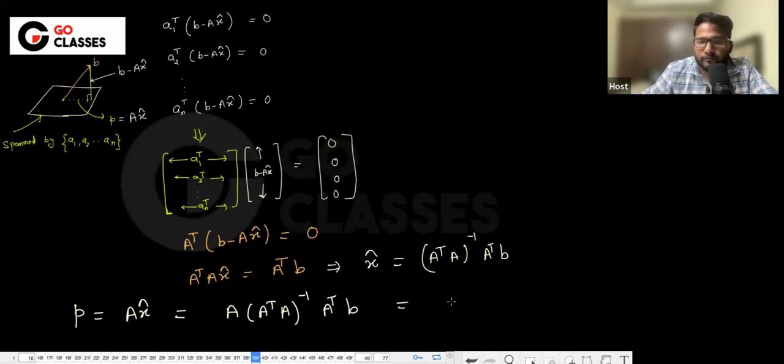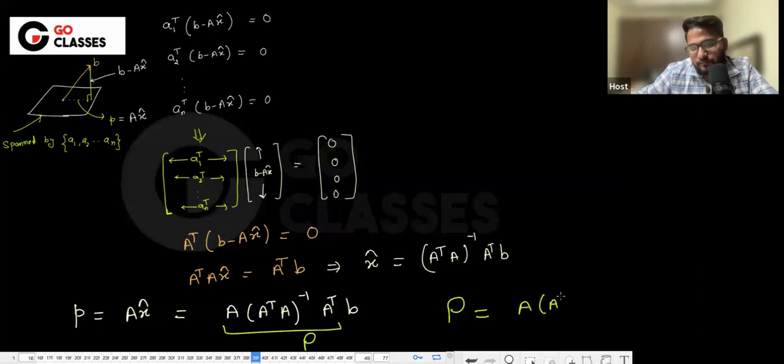This is the projection that we have got. Now you can rewrite that into P into b form, so capital P is the projection matrix.